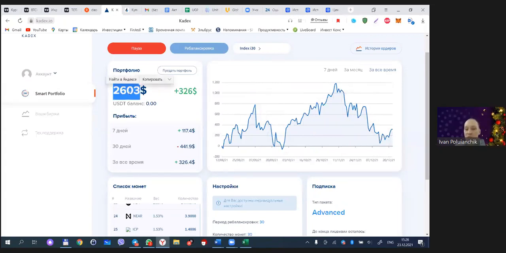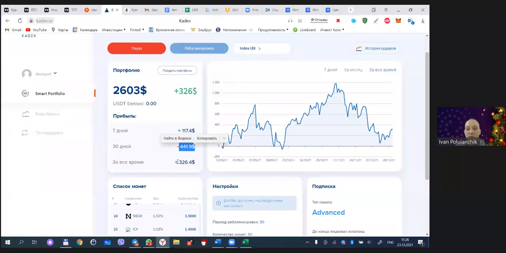And that money, $262,603, this is almost $300 of profits. Well, 200, because we put in 2,400. So it's plus 200.